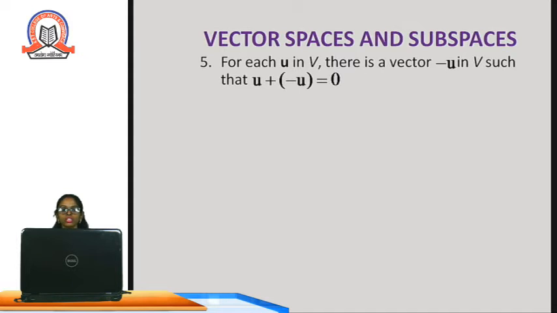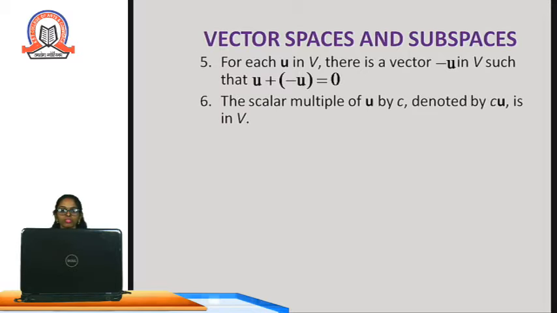Fifth rule: for each u in V, there is a vector minus u in V such that u plus minus u is equal to 0. Sixth rule is scalar multiplication: the scalar multiple of u by c, denoted by cu, is in V. Seventh rule: c into u plus v is equal to c into u plus c into v.